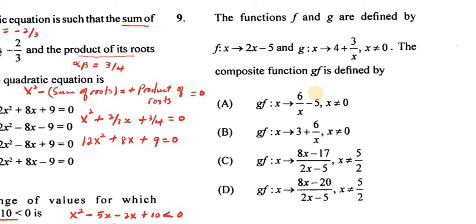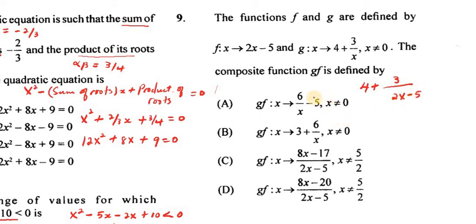The composite function g of f is defined by which one of the following? Now g of f is given by 4 plus 3 divided by x. So g of f would be 4 plus 3 divided by 2x subtract 5.